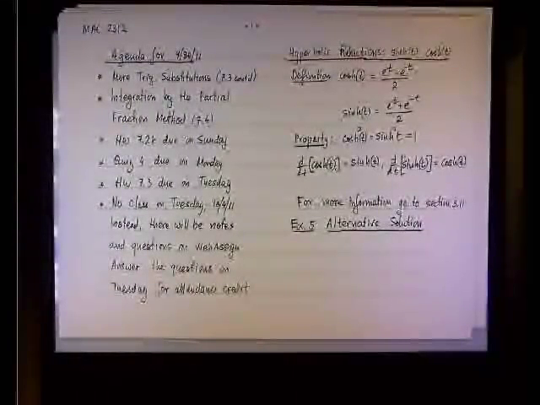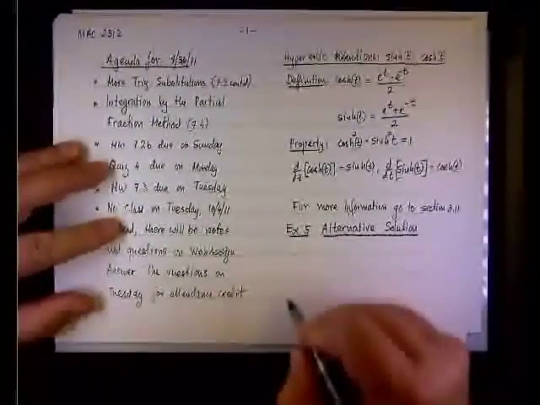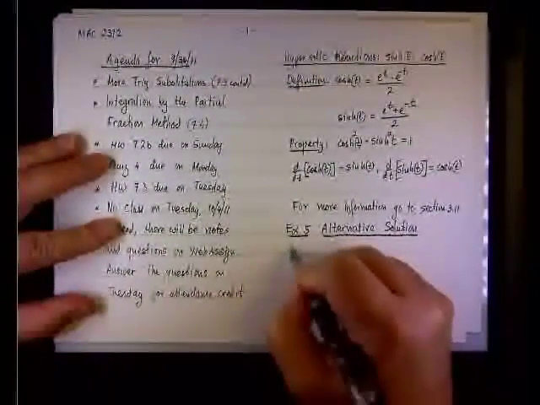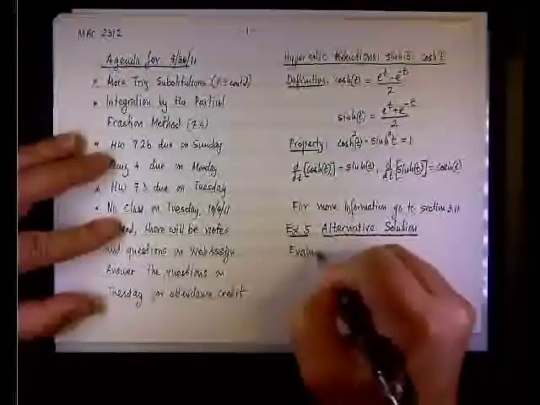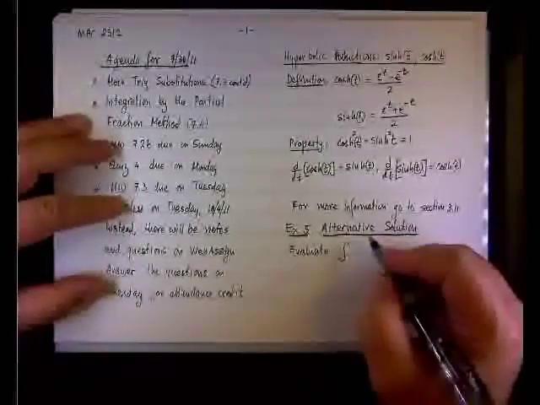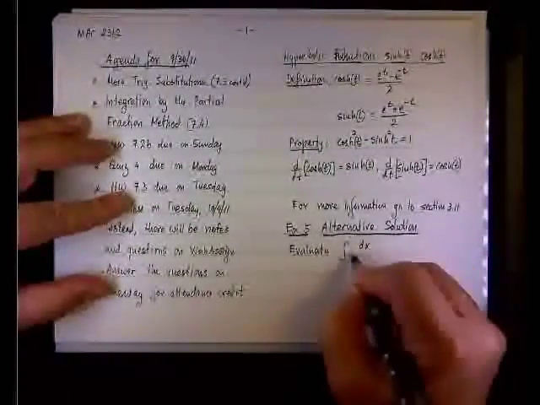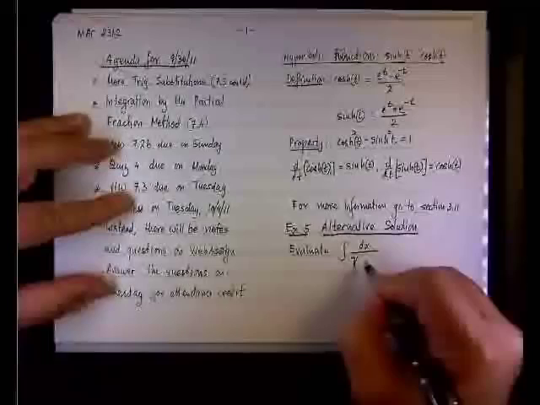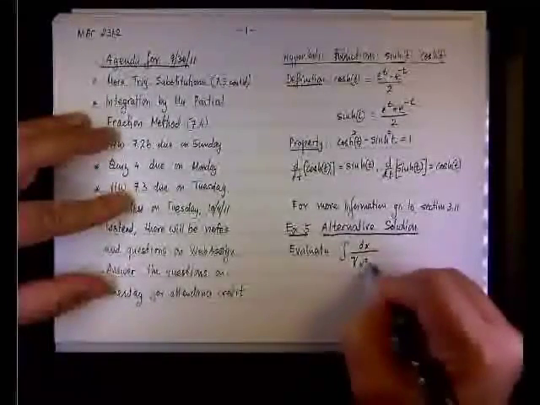What I'll show you today is the alternative solution. Again, what we're trying to do is evaluate the integral dx over the square root of x squared minus a squared.